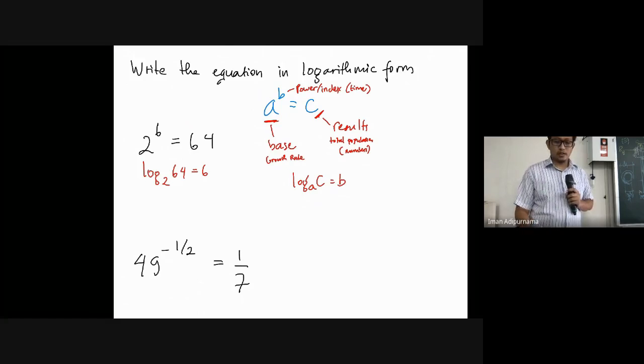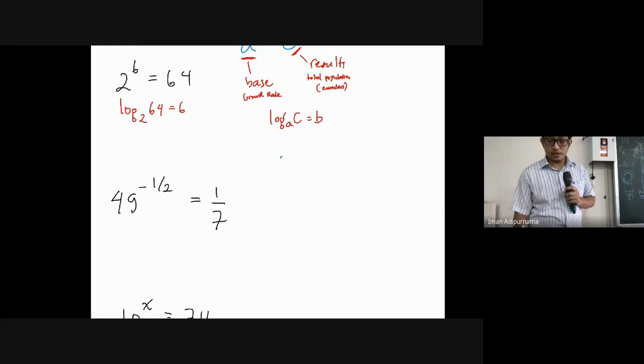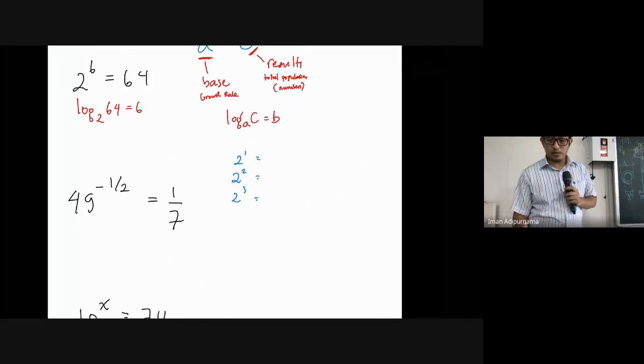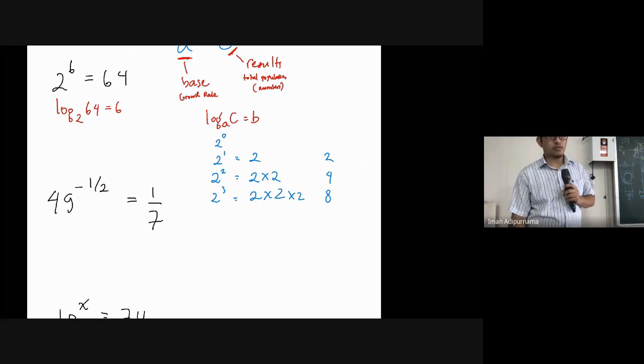And the second one, it doesn't matter if you have the negative. Remember this chart: 2 to the 1, 2 to the 2, 2 to the 3. This is 2, 4, 8. What happens with 0? It becomes 1, because if you see here, you multiply by 2, multiply by 2.